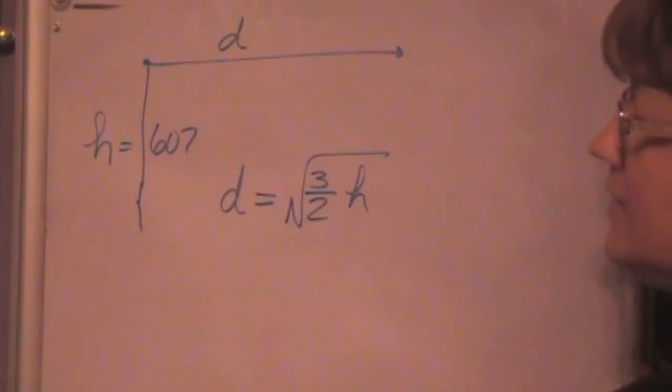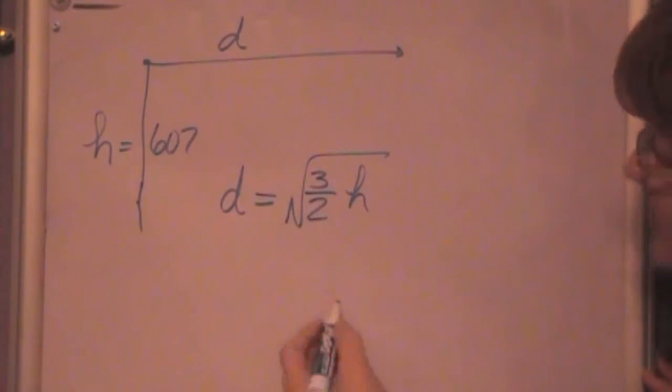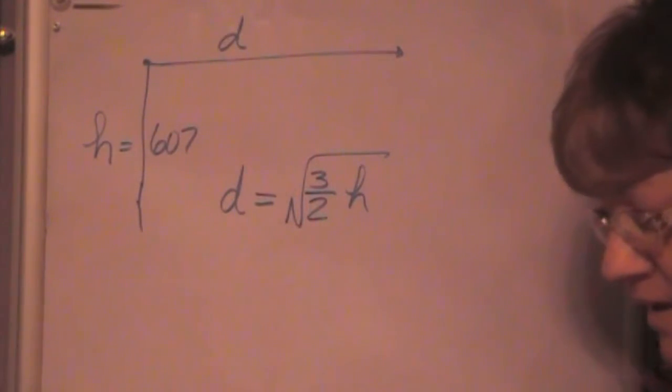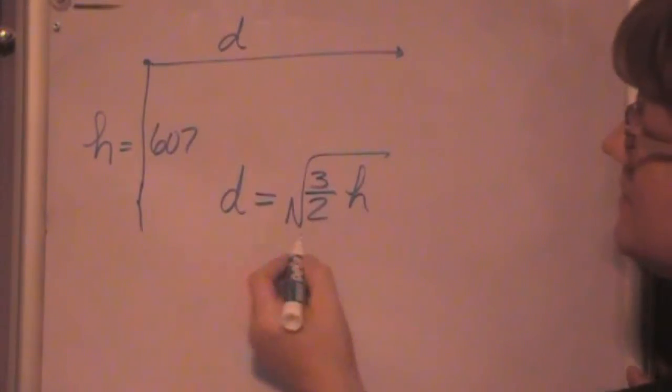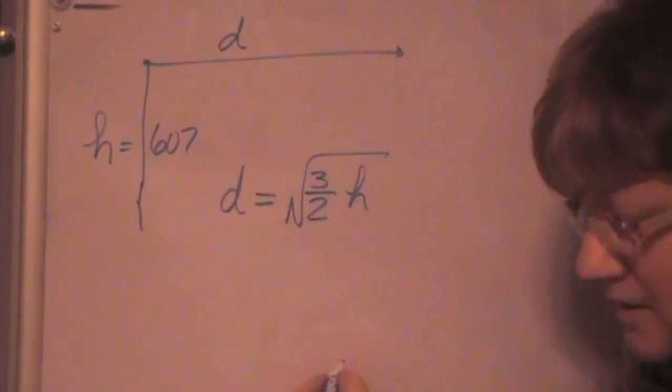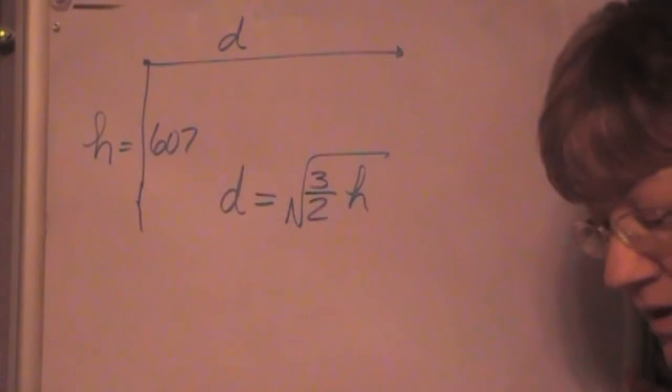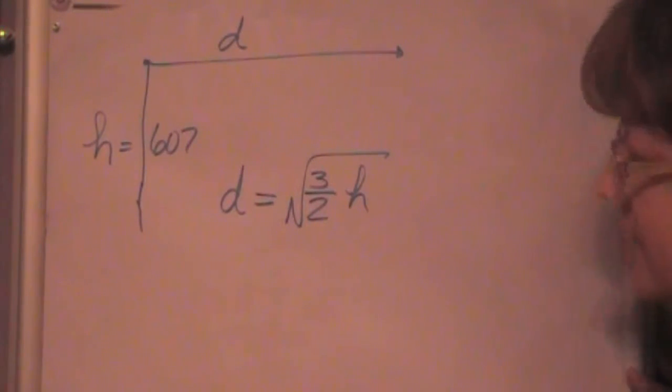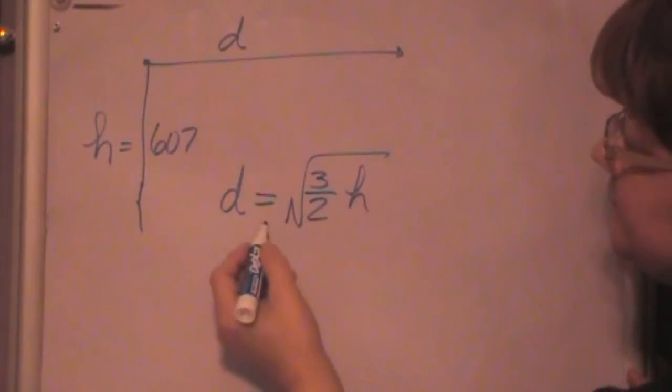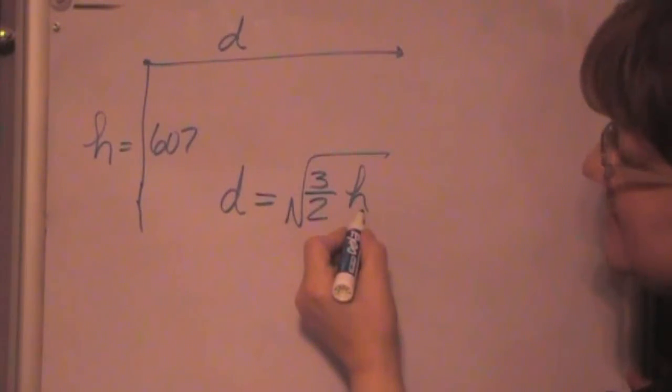607 feet. This is a calculator problem, so they're asking you in miles how many miles you can see, because distance is going to be given in miles if the height is given in feet. So you're just going to plug 607 in here.